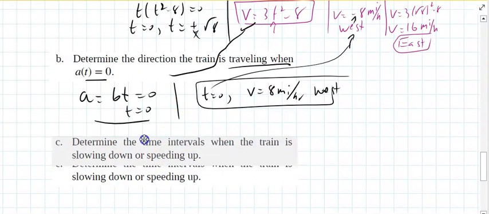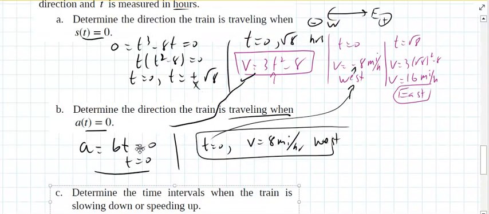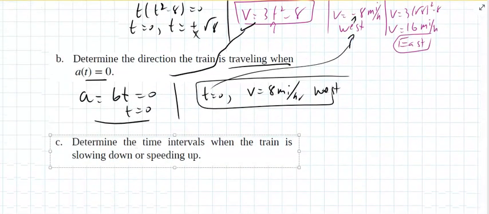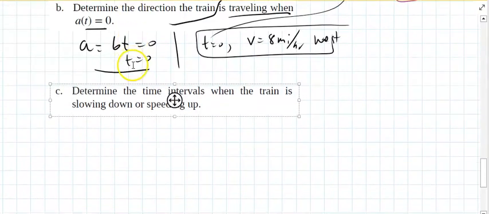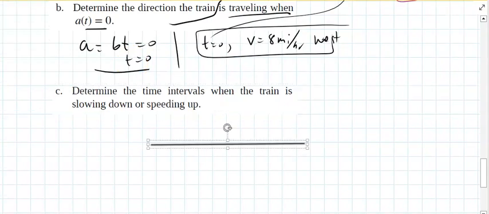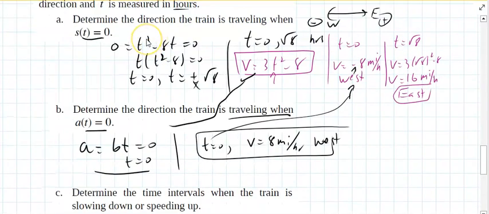Determine the time interval when the train is slowing down or speeding up. Okay, very good. Here we're going to practice that again. We're going to go on a number line, take the velocity, and match it with the acceleration. Whenever they match, we're in good shape. So this is velocity, this is acceleration. Looking at the velocity, we have 0 and radical 8.